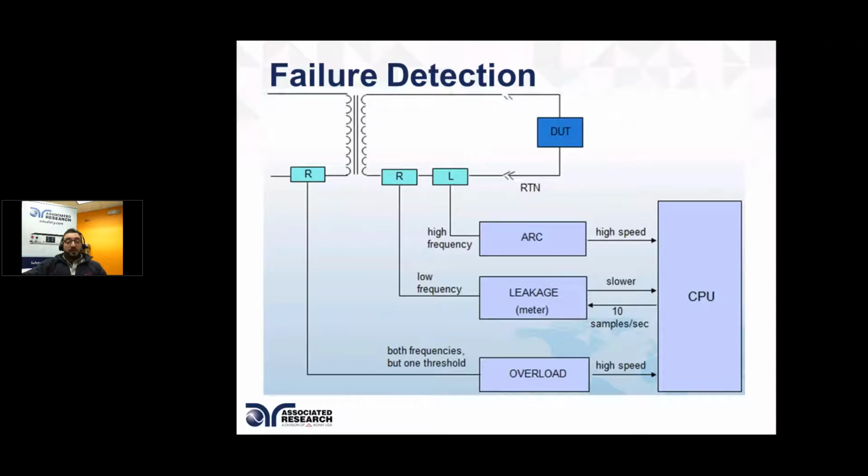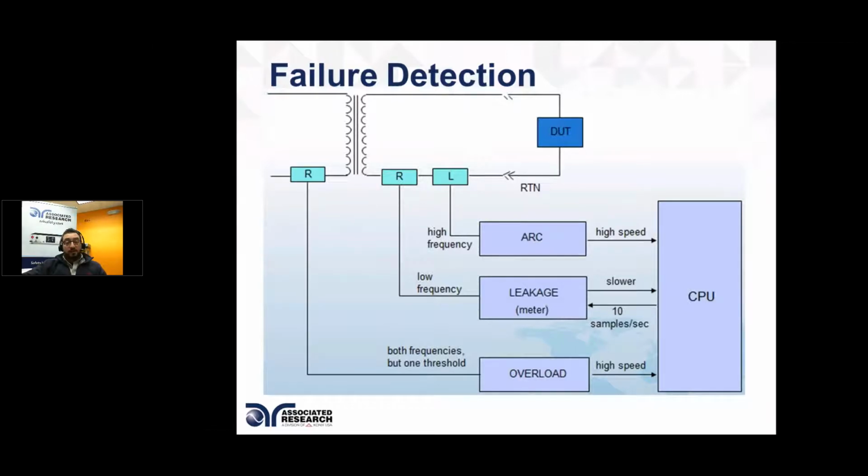This diagram, or this circuit, shows the different types of failures and other features that are part of the high-pot test that can be used as additional features, such as arc detection or Smart GFI, and some of the failure thresholds and overload conditions.